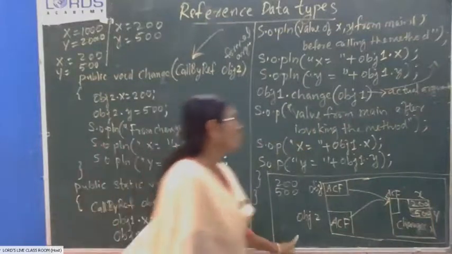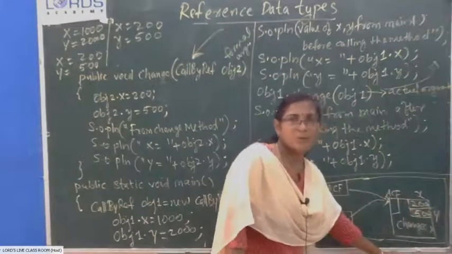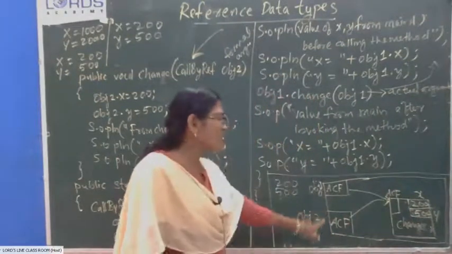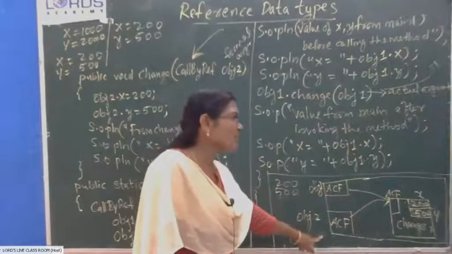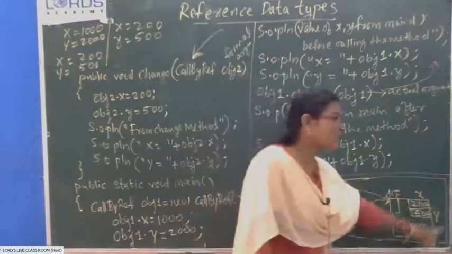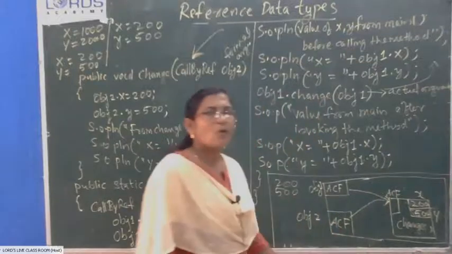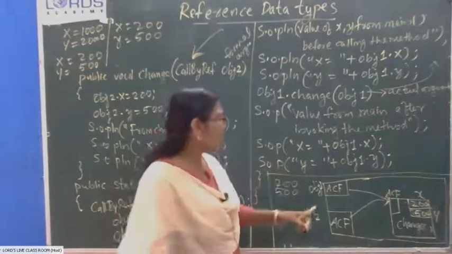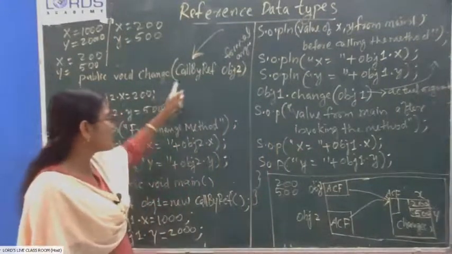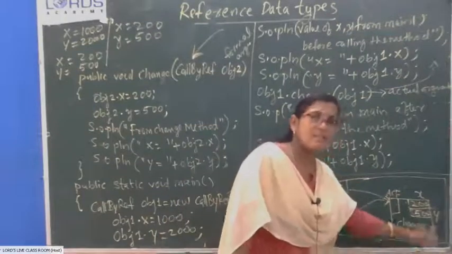The method went to the same object and made some changes in the original value. Original value is changed by the method because address is given. Only address was given, not the entire value copied to object 2, and no other objects are created in the memory. Only one object was created and its address is given to the function. And function went to the same object and made some changes in the original object.